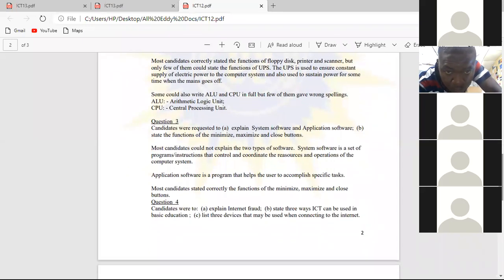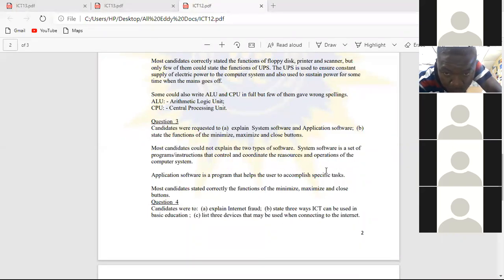Candidates were requested to explain system software, application software, and state the functions of minimize, maximize, and close buttons. Most candidates could not explain the 2 types of software. System software is a set of program instructions that control and coordinate the resources and operations of the computer system.